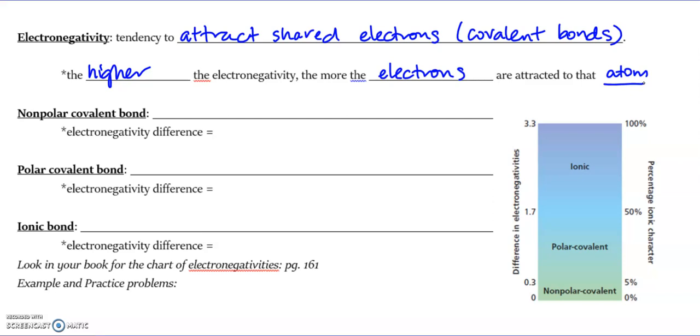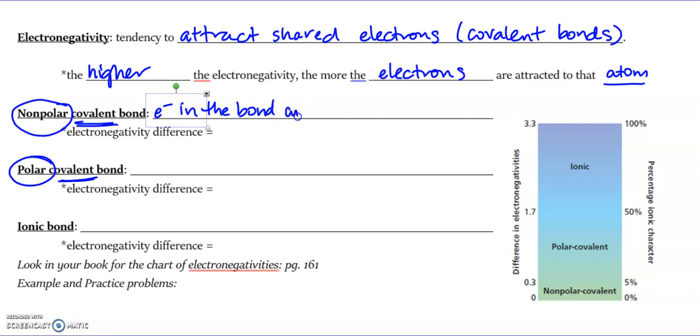Now covalent bonds can either be polar or nonpolar. This is a really important concept in chemistry. Nonpolar means that the electrons in the bond are shared equally, or almost equally.